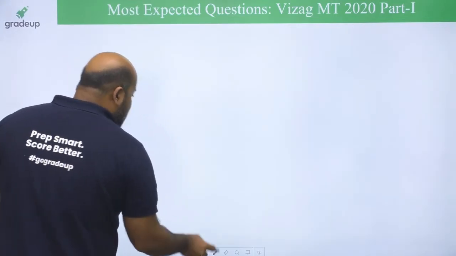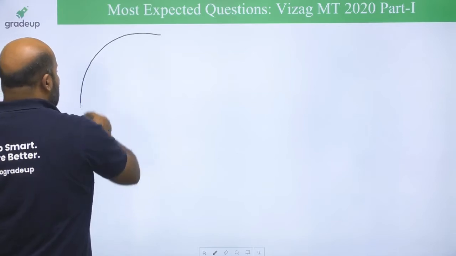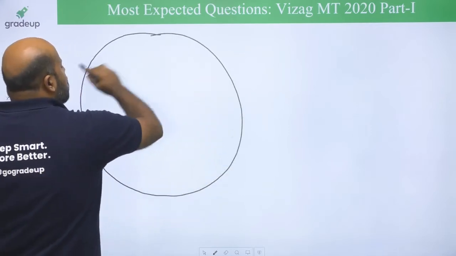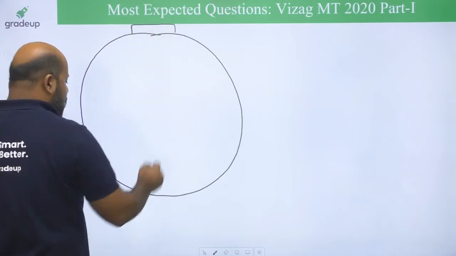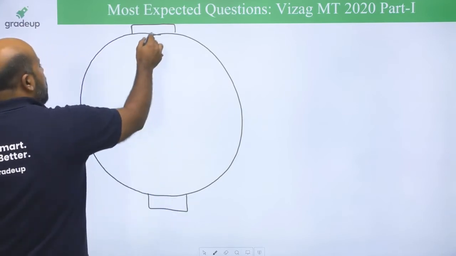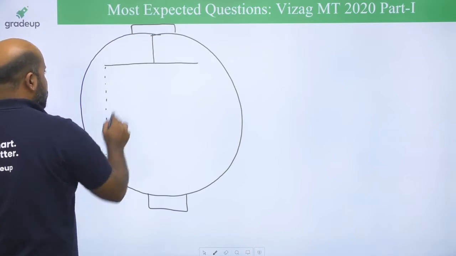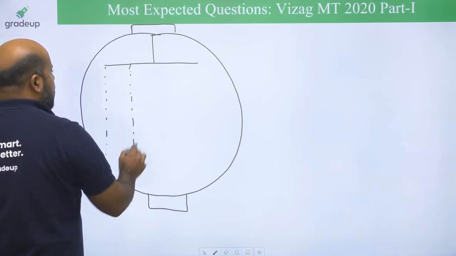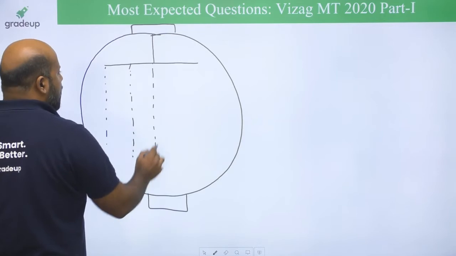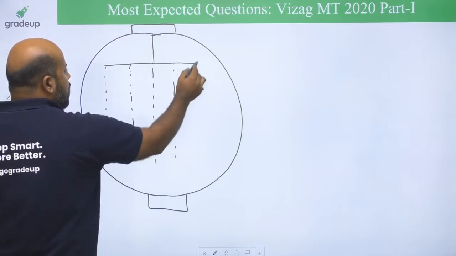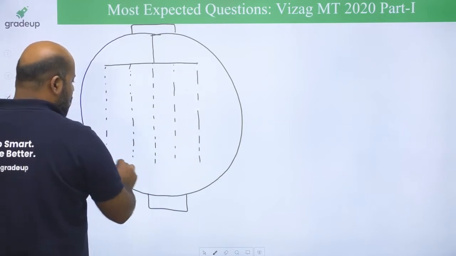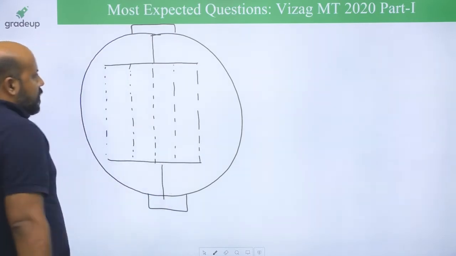suppose this is your machine. If you are not okay with the basics, suppose this is your DC machine, and these are the different parallel paths available in the machine like this, and this is how it is connected.